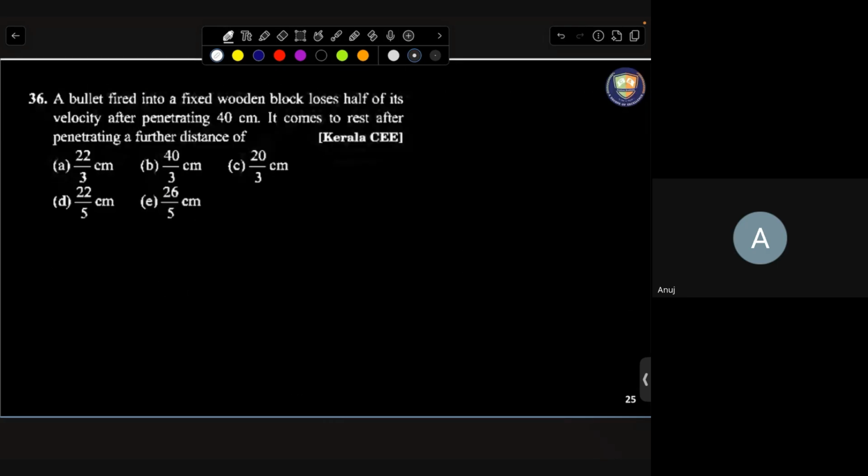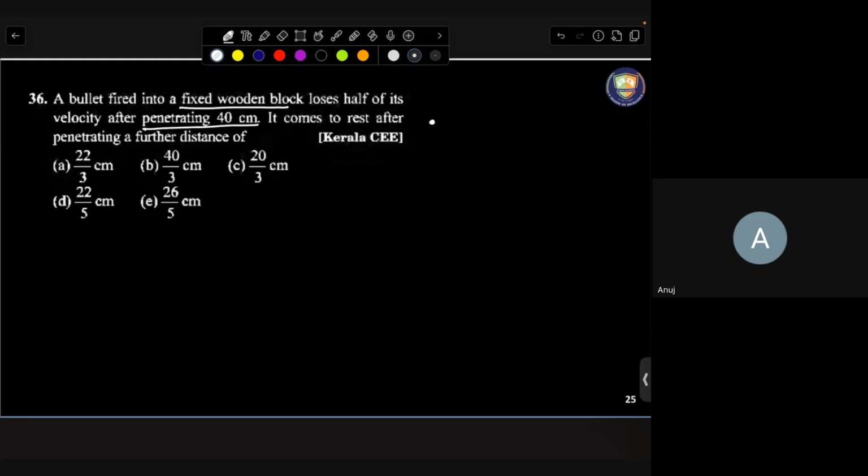Okay, let's see the next one. So in this question, what they are saying is a bullet fired into a fixed, that means the wooden block will not move, loses half of its velocity after penetrating 40 centimeter, correct?